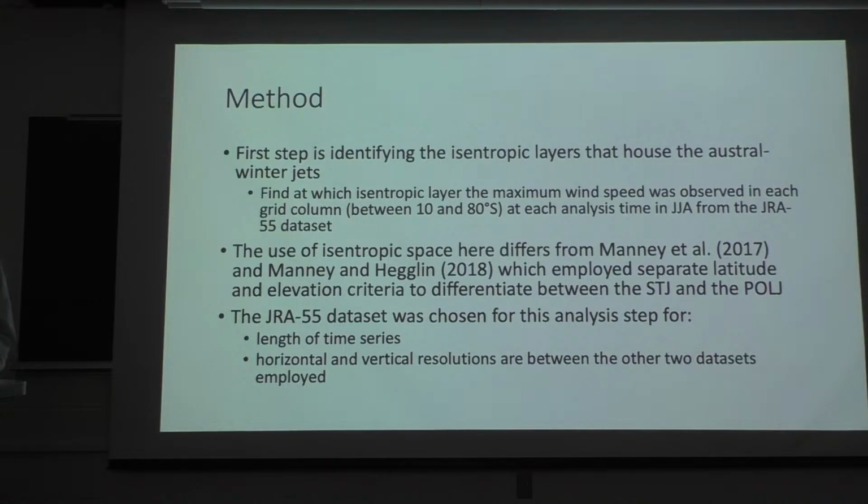The use of isentropic space here differs from Manney et al., which employed separate latitude and elevation criteria to differentiate between the subtropical jet and the polar jet. But we ended up using the JRA55 data set because of the length of the series, as well as the horizontal and vertical resolutions compared to the other data sets we also use.